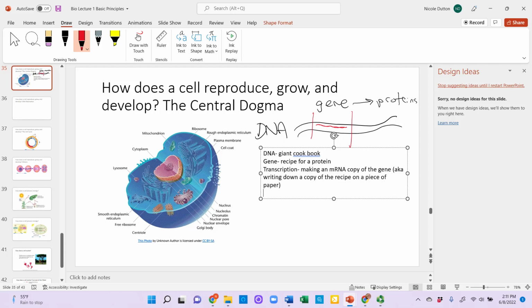Now we're going to take that piece of paper and take it to the kitchen. The kitchen in this case is a ribosome on the rough endoplasmic reticulum.